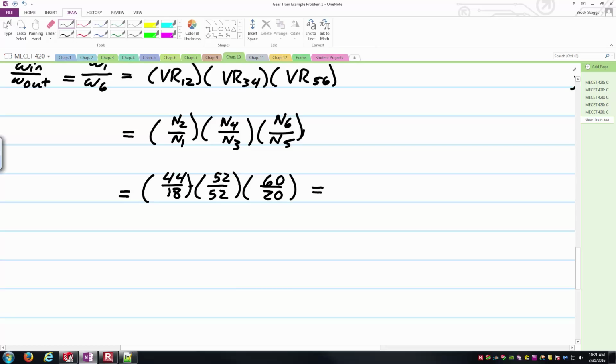And so let's compute this value. I've got 44 over 18 times 1 essentially, and then times 3. In decimal, it's 7.3 repeating, so 7 1/3. 22 over 3, I believe, is the fraction. So however you want to look at it, 22 over 3, or 7.3 repeating.